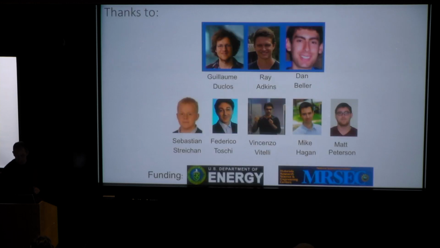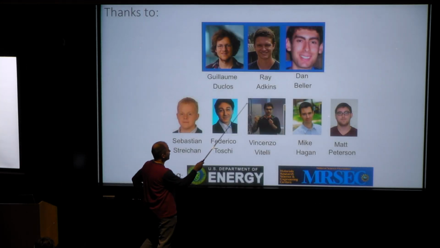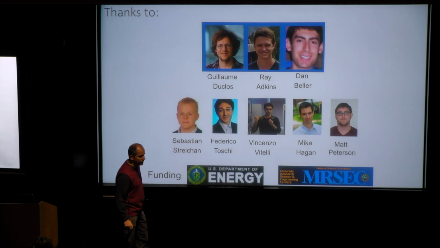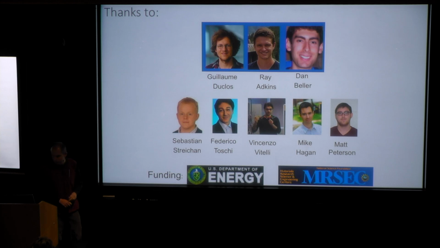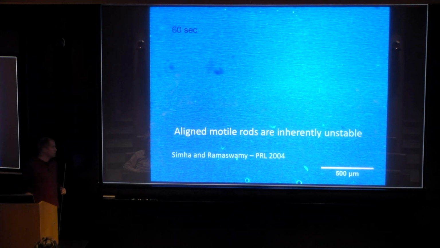Okay, and so this was really done by two experimentalists, a postdoc and a grad student, Dan Beller, who really is an expert on liquid crystals and structure of liquid crystals, and they've done most of the work. And so this is the famous instability that was put forward by Sriram 17 years ago.